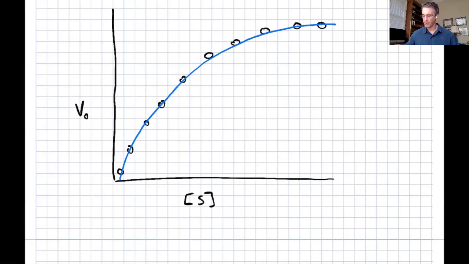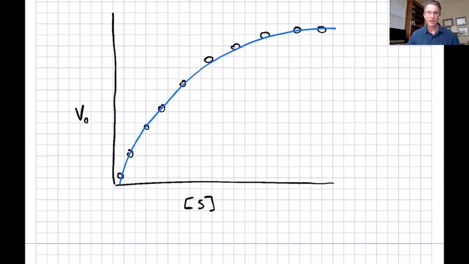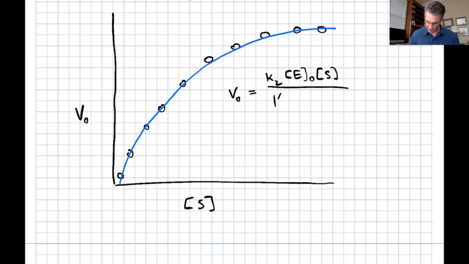a parabolic shape, because we know from the derivation we went through last time that, assuming steady state kinetics apply, that we've done the experiment right, that we're looking at clean homogeneous enzyme, we don't have any other confounding effects, the function that describes this dependence of the initial rate on the concentration of substrate is simply this: K2 times the concentration of total enzyme times the concentration of substrate, divided by, of course, the Km plus the concentration of substrate.